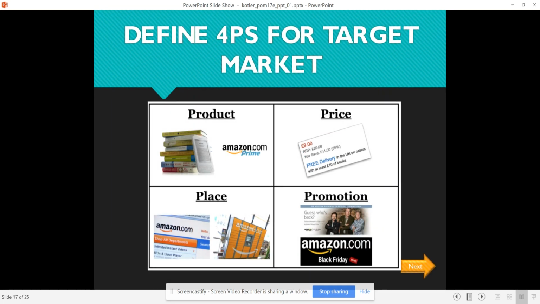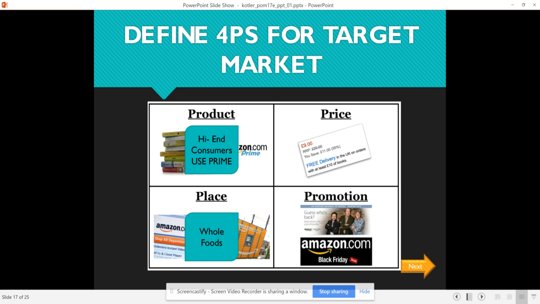So let's look at how they position themselves. And in the book, this is called the 4 Ps of the target market. So again, what's the product? The first product was always Amazon Prime and the books. But now, we got high-end consumers that use Prime, and we want to sell that to them at a place, the Whole Foods, and we'll give them high value price points because we still want to be profitable, and we know that they buy high-end pricing at Whole Foods, so that's the pricing that we'll keep it at.